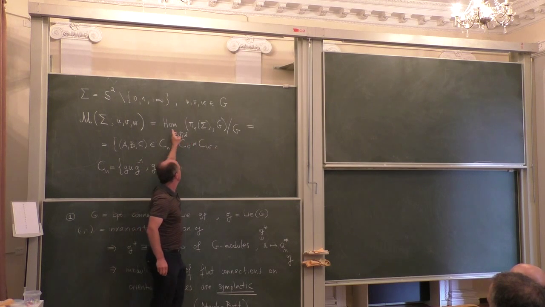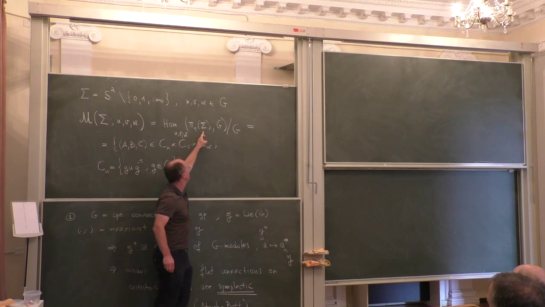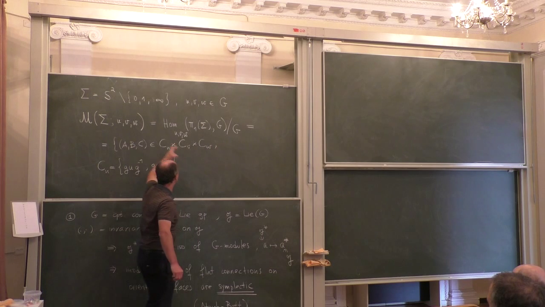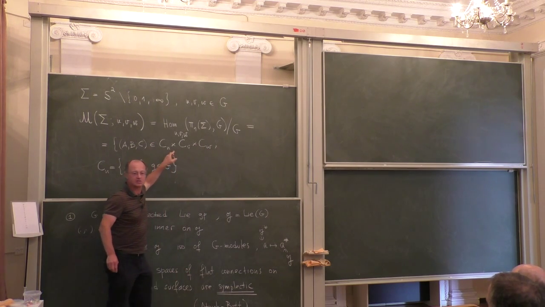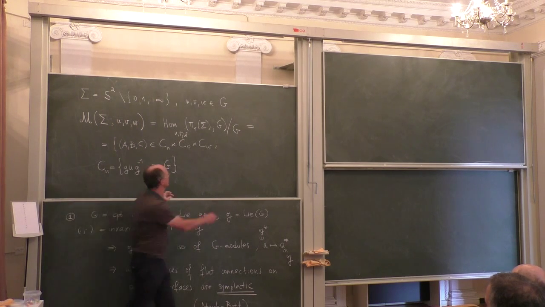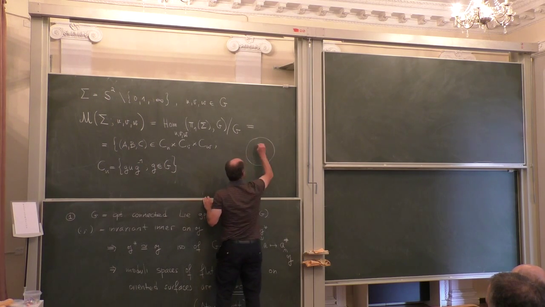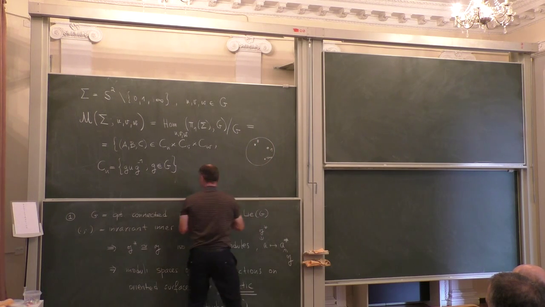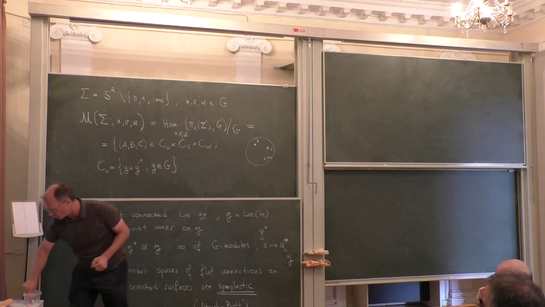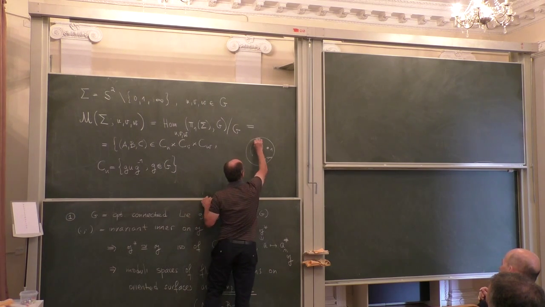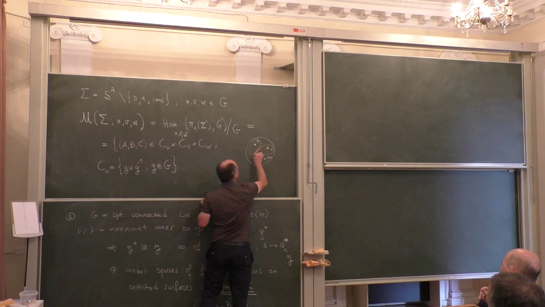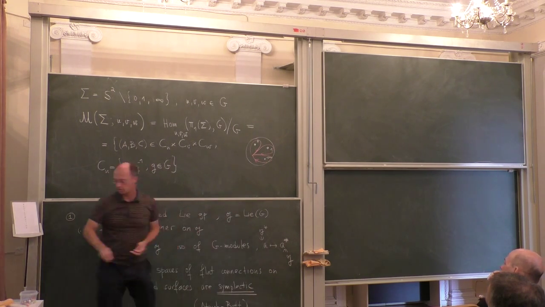Now, we don't consider arbitrary homomorphisms from pi 1 of sigma to G, but we consider homomorphisms which land in the product of conjugacy classes for these three generators. So now, just to draw one picture, we have these 3 points, and we have these 3 generators of pi 1, which can be realized with such closed curves.